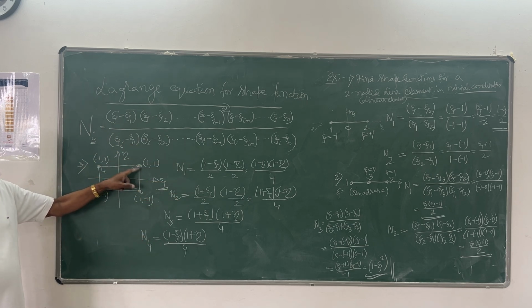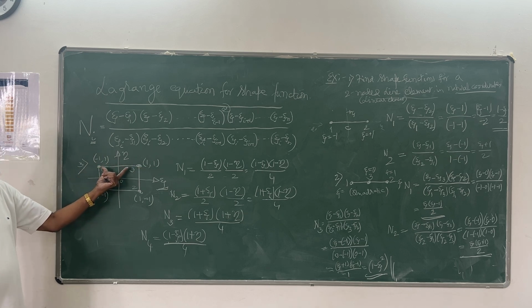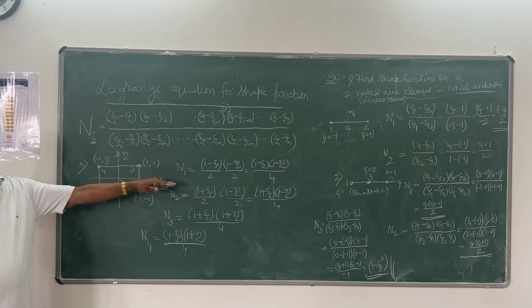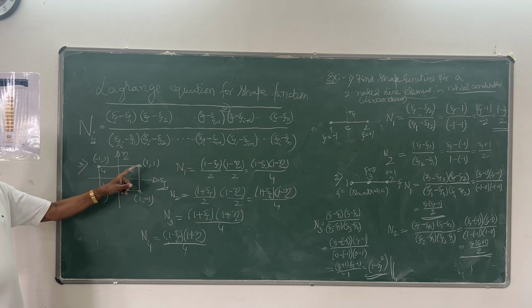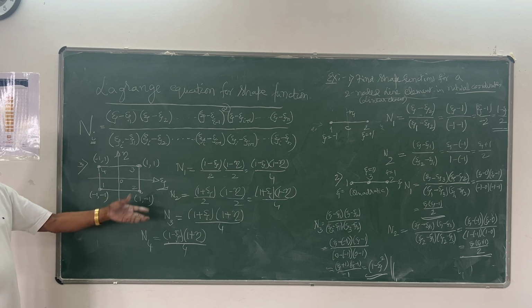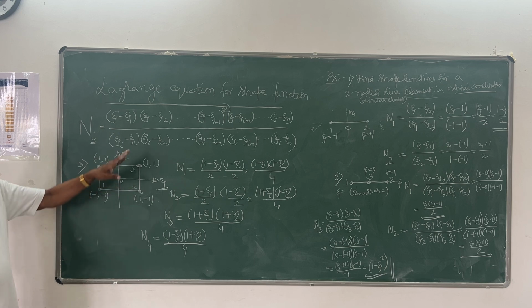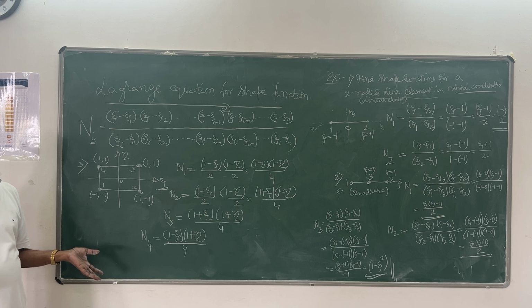The third node especially is the second node of this line element. Always you have to go from right to left, positive. This is the positive side. Otherwise, negative you don't take it. So this is how we can write shape functions for two-dimensional figures.